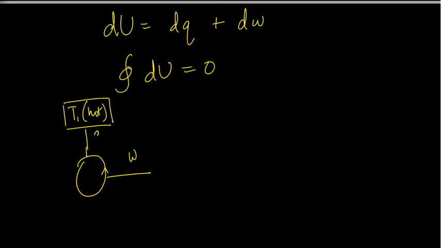So I put some heat Q into this cyclic system. I do some cycling. I want to get work out. This is not possible. Okay, what is possible is that I must dump some heat. So let's say this is Q1, this is Q2, into a colder place.